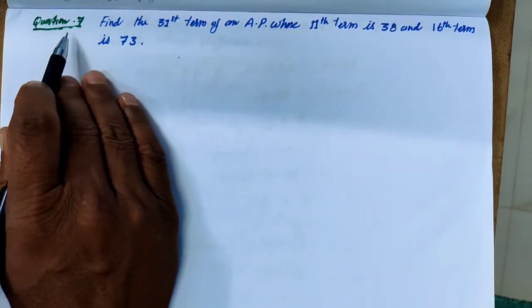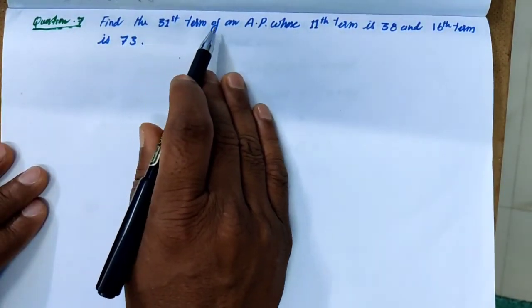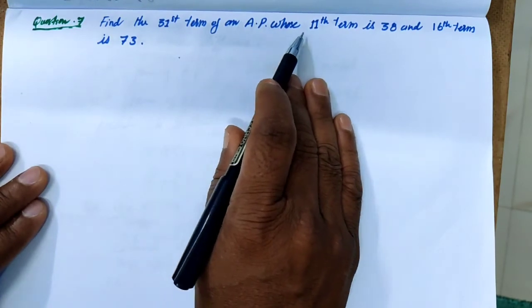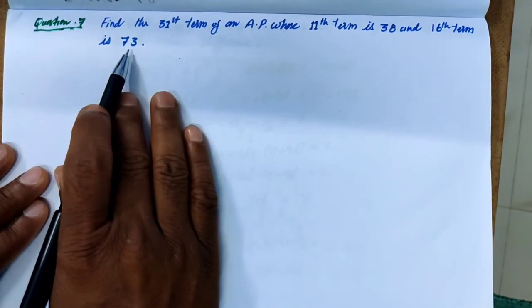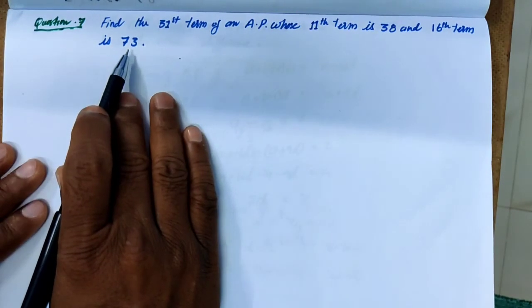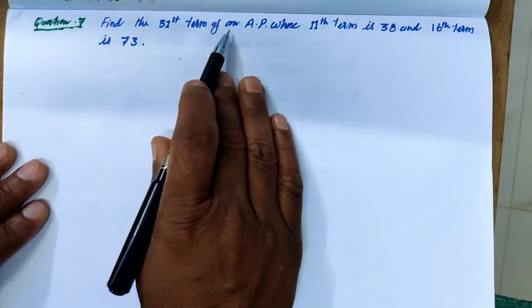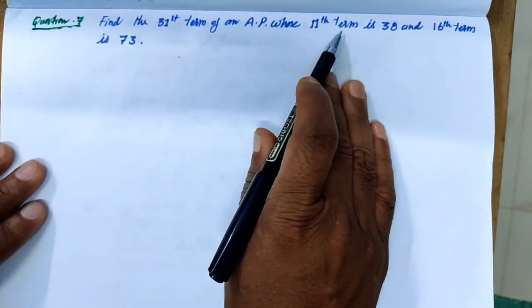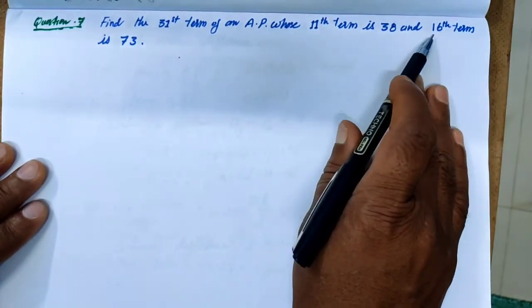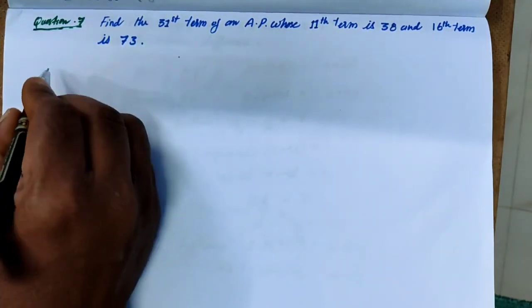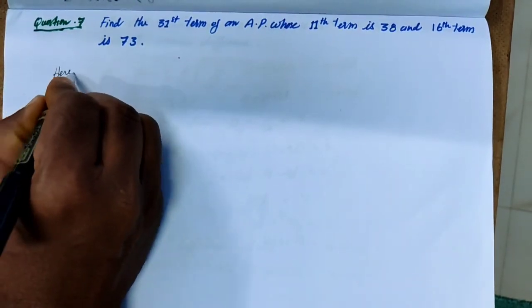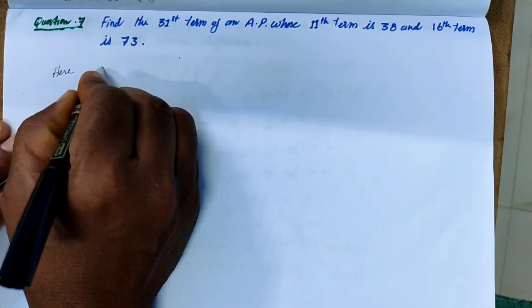So question number 7, find the 31st term of the arithmetic progression where the 11th term is 38 and the 16th term is 73. Find the 31st term of the arithmetic progression where the 11th term is 38 and the 16th term is 73. So here, what is the 11th term?